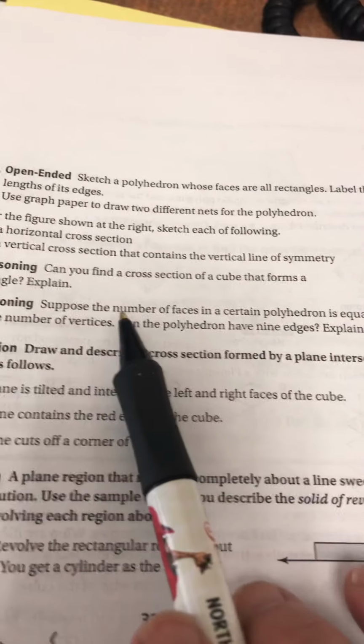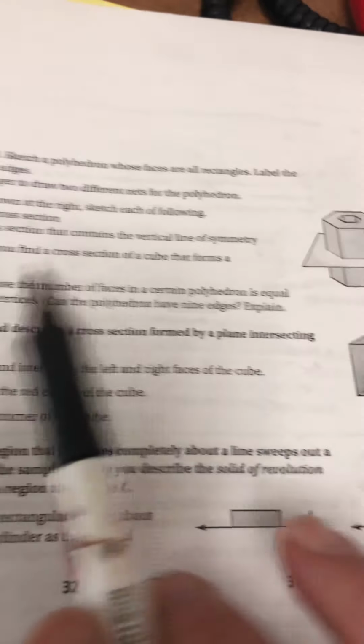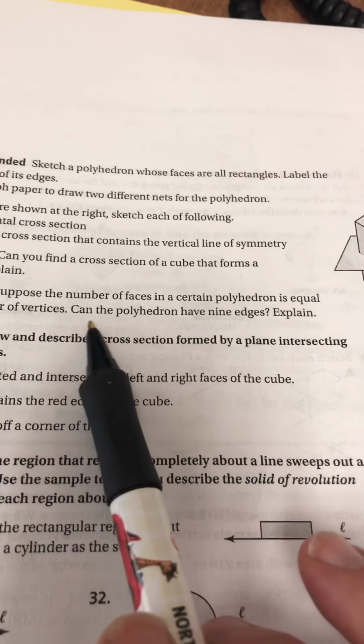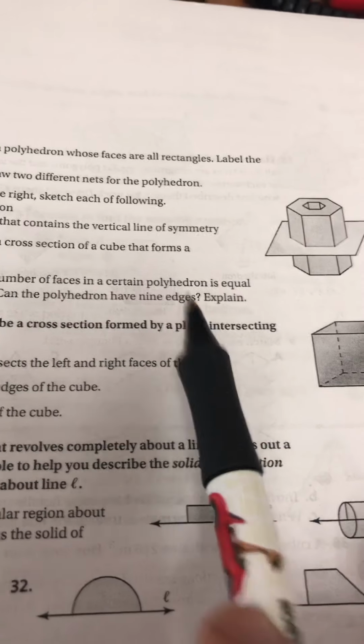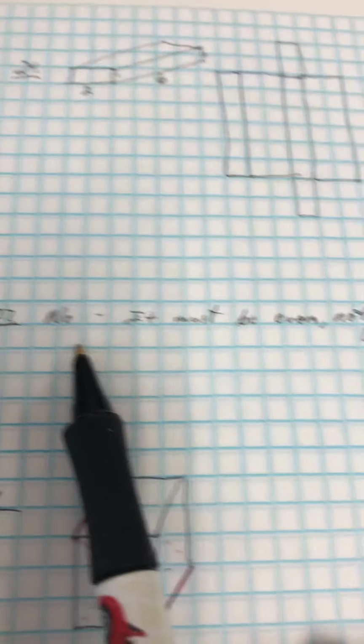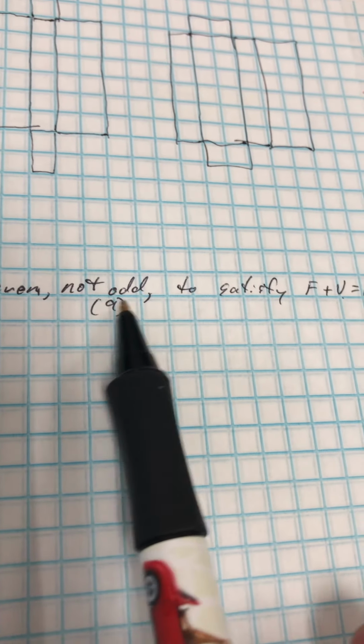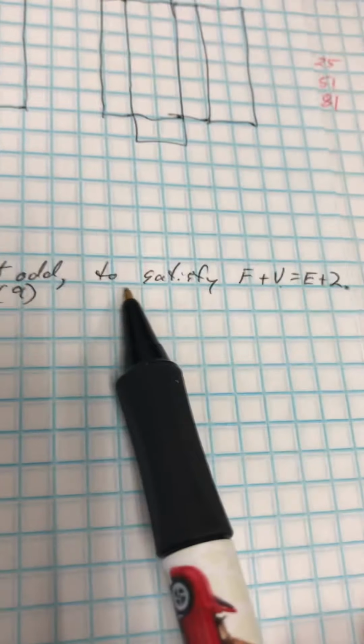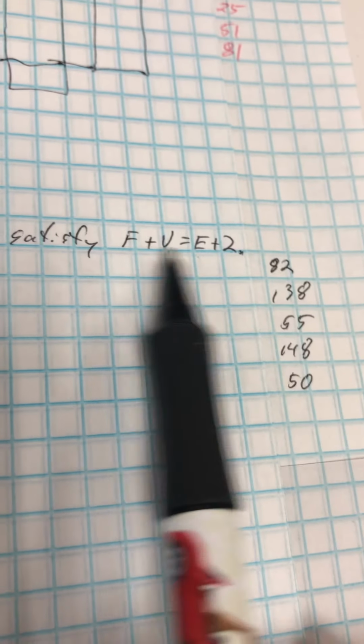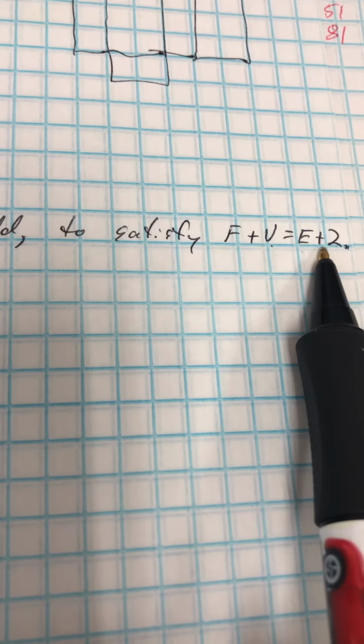So I have 27 and 29 for you. So 27 asks, suppose the number of faces in a certain polyhedron is equal to the number of vertices. Can the polyhedron have 9 edges? Explain. Well, no, because it must be even, not 9, not odd, to satisfy Euler's formula here, okay?